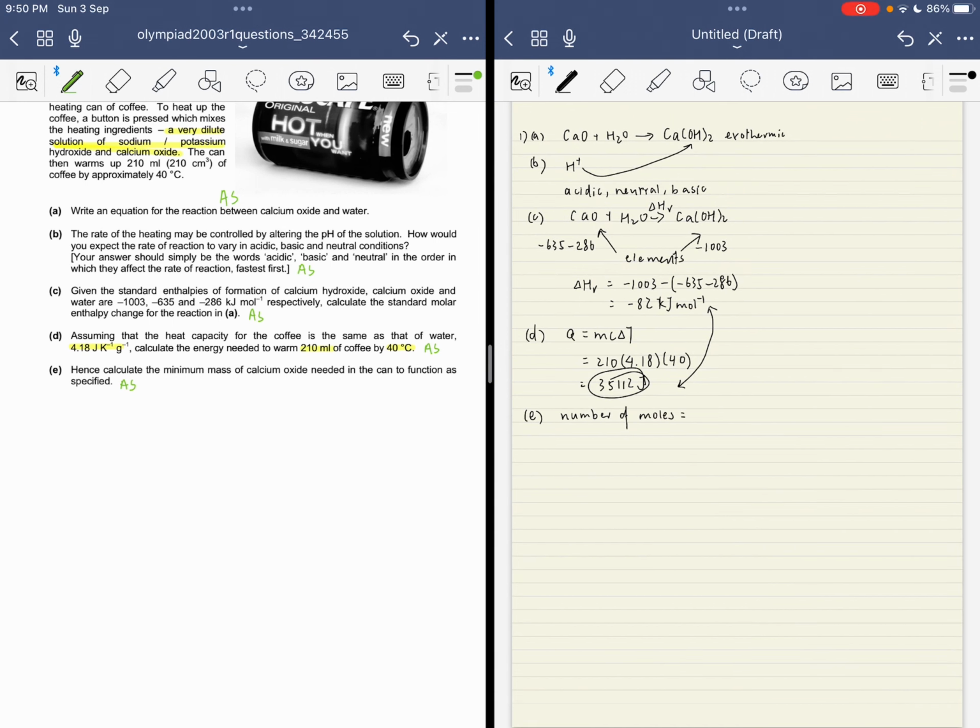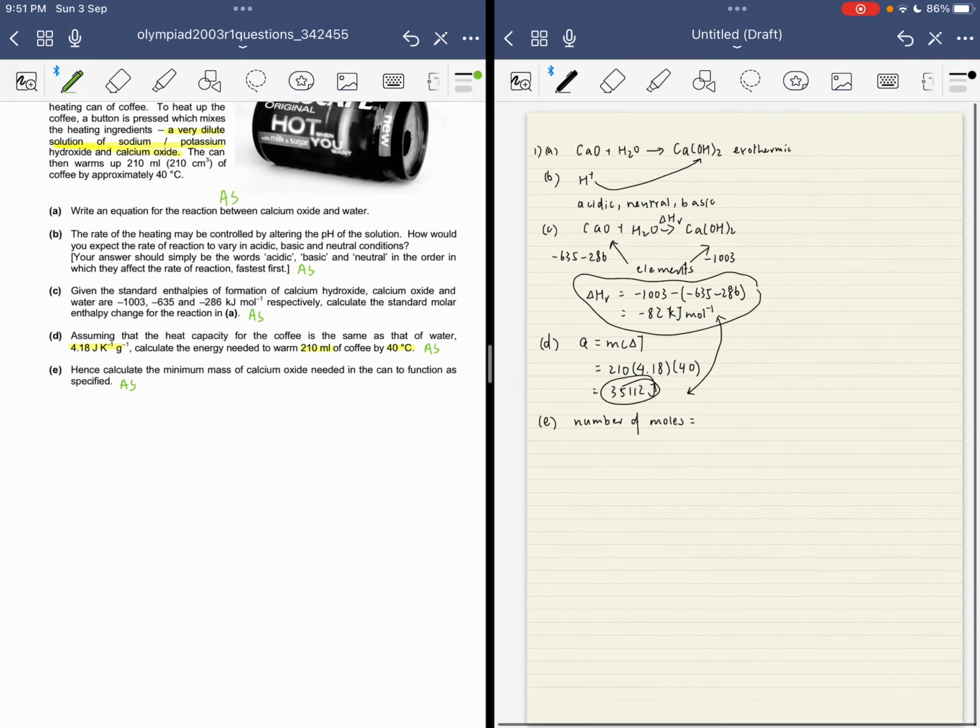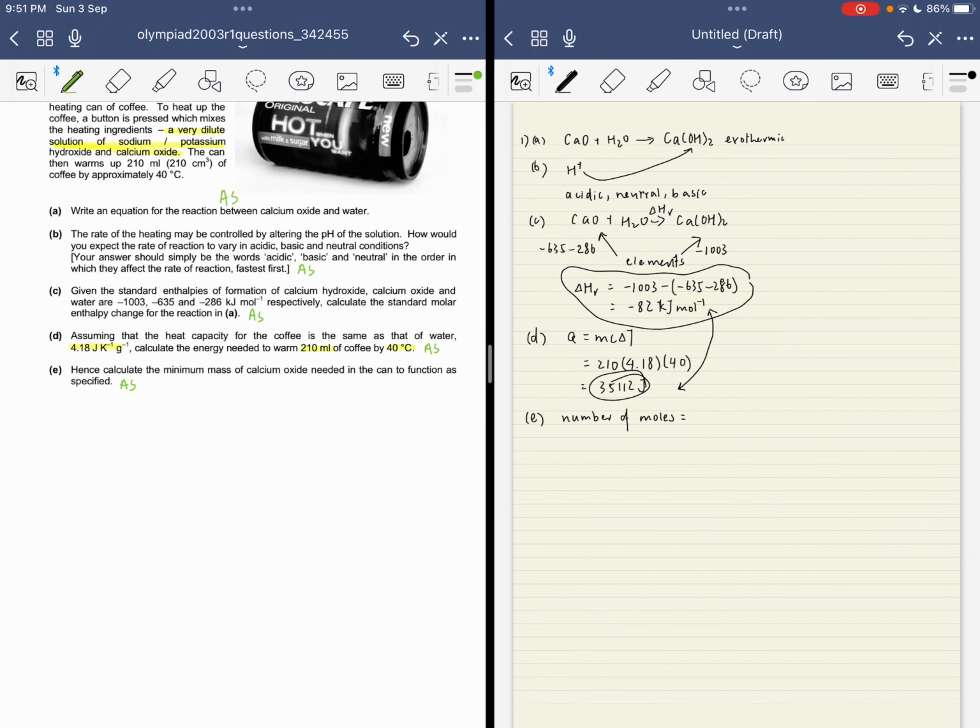So what does the standard enthalpy change of the reaction here mean? It means that for every mole of calcium oxide, the reaction will release negative 82 kilojoules per mole of energy.